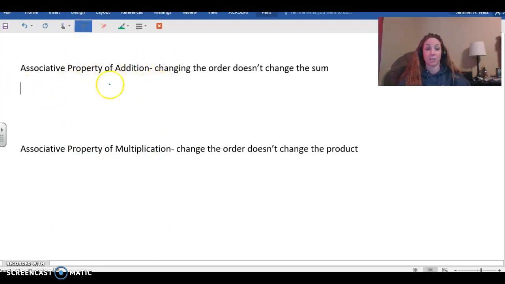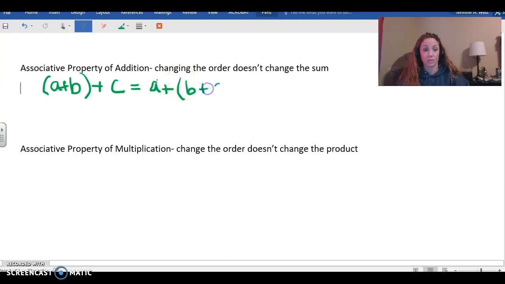Okay, and now to the associative property of addition. And once again, changing the order does not change the sum. So if you had little parentheses, and make sure you get all this in your notes. A plus B plus C also equals A plus B plus C. So changing the order of the numbers, the letters, doesn't change the sum.